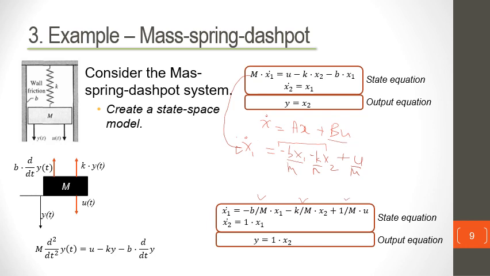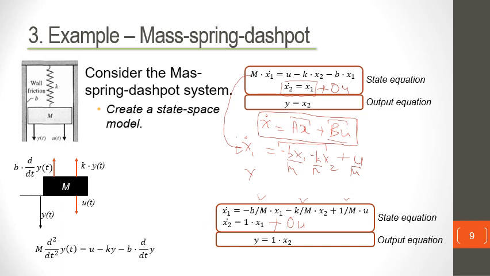And then the second differential equation is already in that form. Here we have simply x2 dot is equal to x1 plus some constant 0 times u. So that's basically what it is. Remember, the coefficient of u is going to be 0, otherwise it's not written here. We are trying to achieve this representation where we have x dot equals a times the states, plus b times the u.